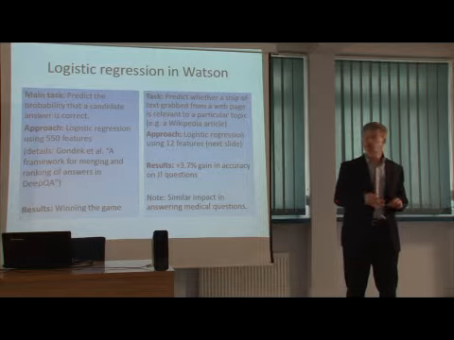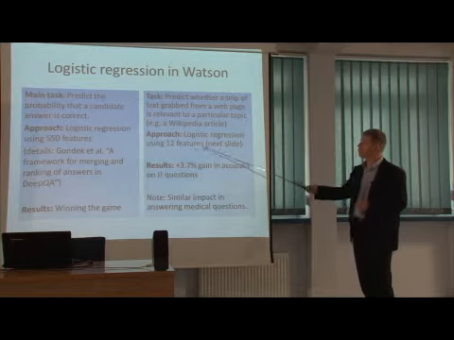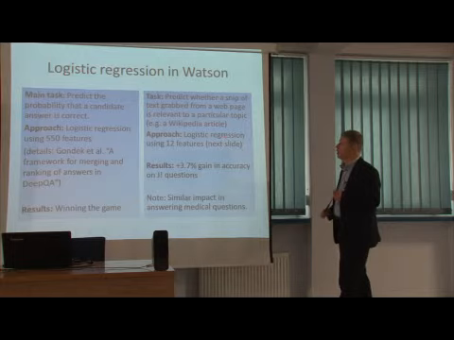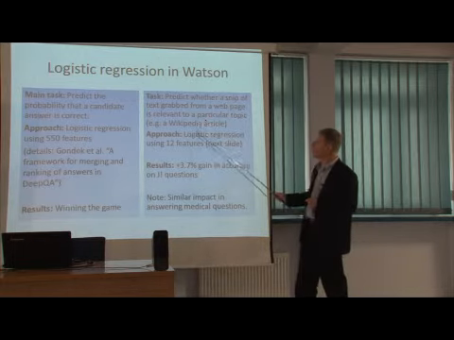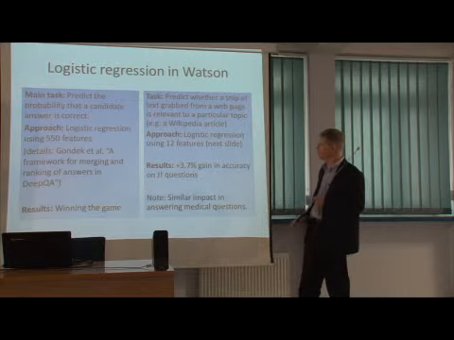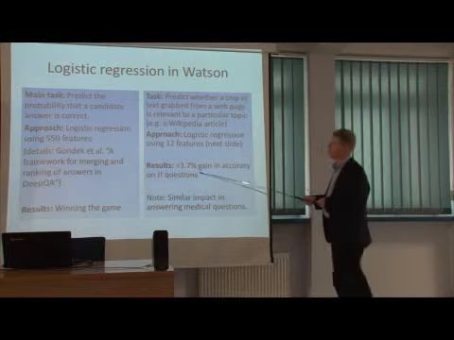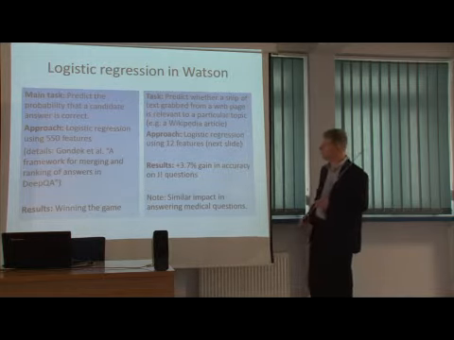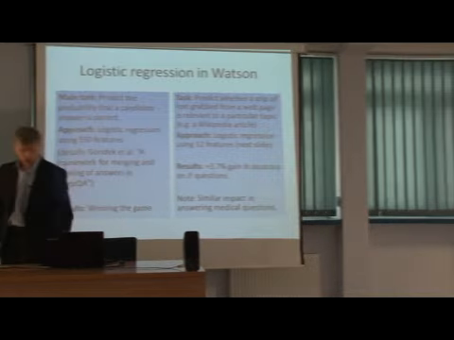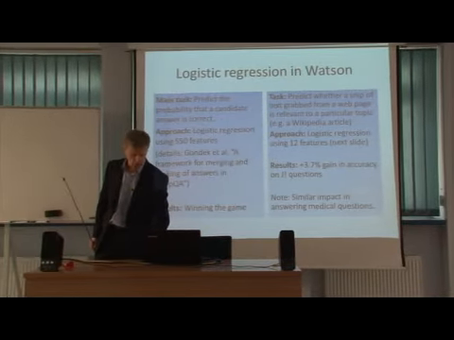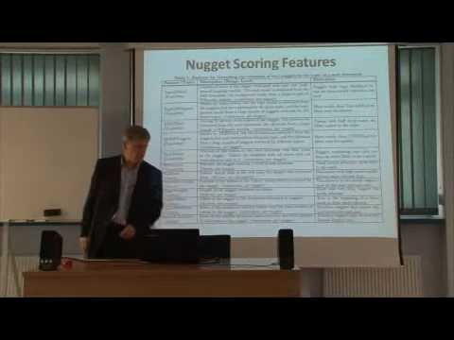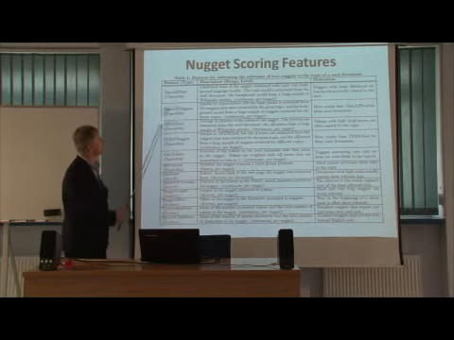So we were trying to weigh several such factors, 12 features, and again, logistic regression trained on sample data was used to decide which snippets we were going to keep. The result here was about a 4% gain in accuracy on Jeopardy questions. This was important because up to the end, we were not sure that we could actually win against the human opponents.